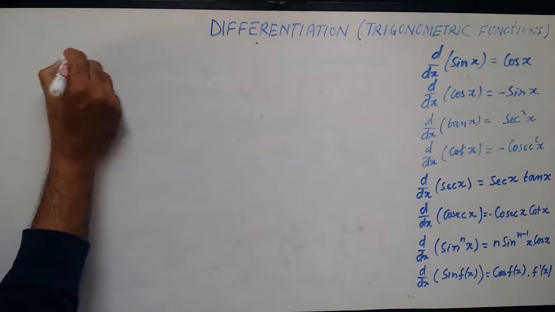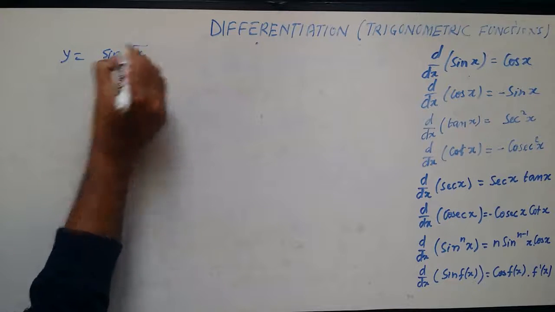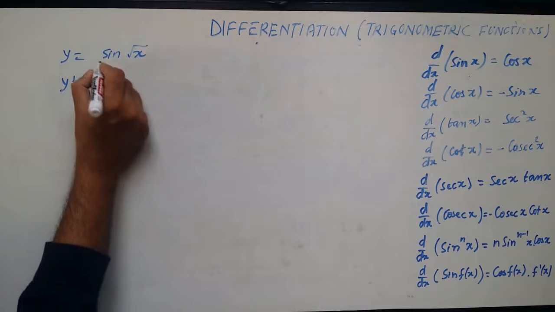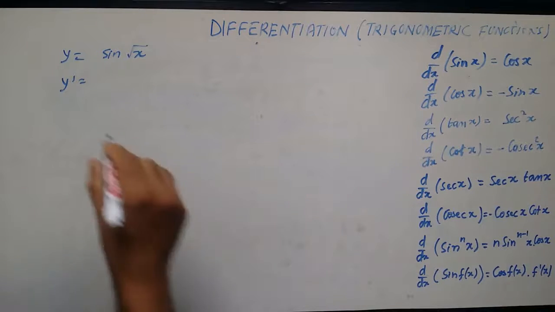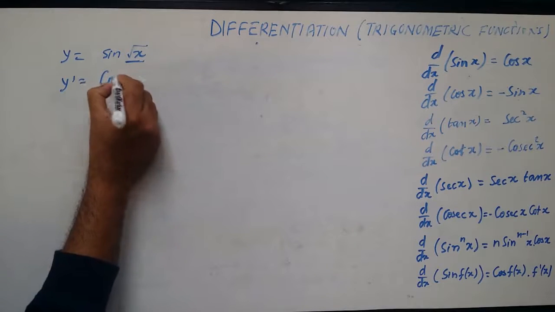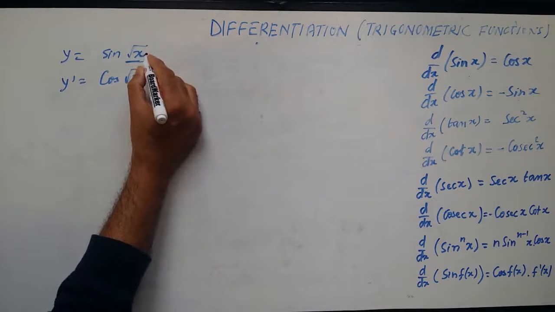Let's say y is equal to sin of root of x. So y dash is equal to, we'll apply this rule: sin of a function of x will be cos of f(x) into the differential of that function. So here the function is root of x. So this will become cos of root of x into the differential of root of x.